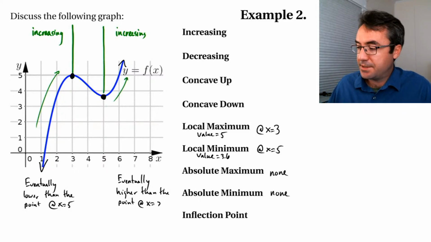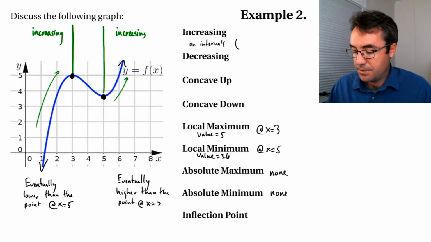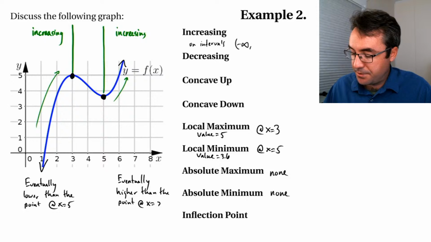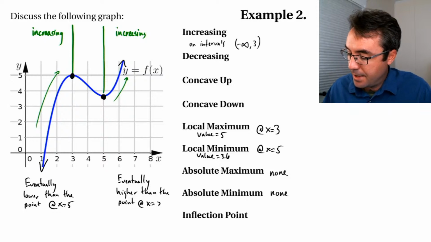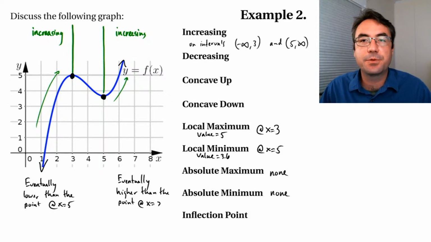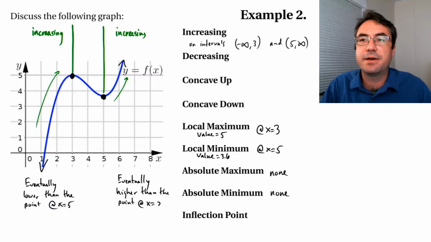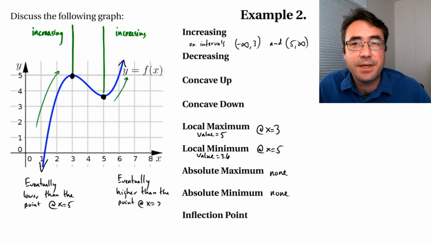So we say that our graph is increasing on the intervals minus infinity to 3 and 5 to infinity. Again, we interpret the graph that it just keeps going forever to the right and forever to the left. So that's why we're using minus infinity and infinity as our end values for those intervals.